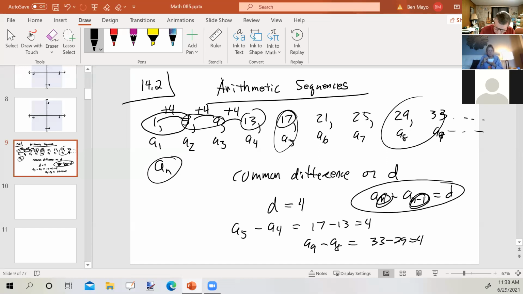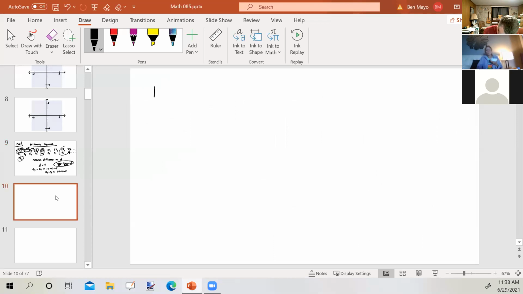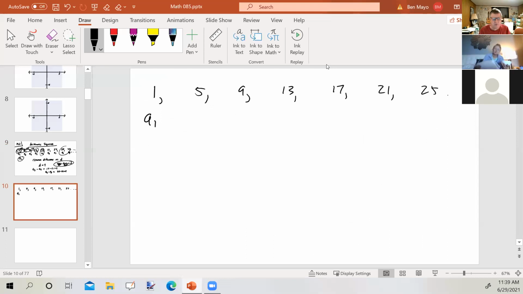Now, for this particular sequence, the first term is 1, right? In fact, I'm going to recopy this because I want to talk about some other things here. So this is going to be 1, 5, 9, 13, 17, 21, 25, etc. This is a sub 1, the first term in the sequence.